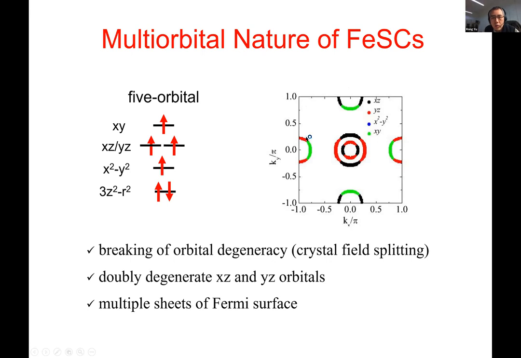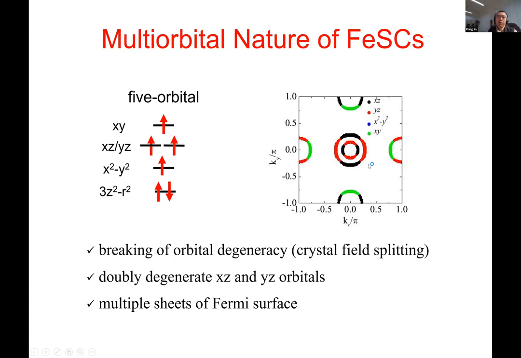And also the multiple 3d orbitals of iron are not all degenerate. It's partially degenerate, with doubly degenerate XZ and YZ orbitals, and all the other 3d orbitals are non-degenerate. So this is a very complicated multi-orbital model.